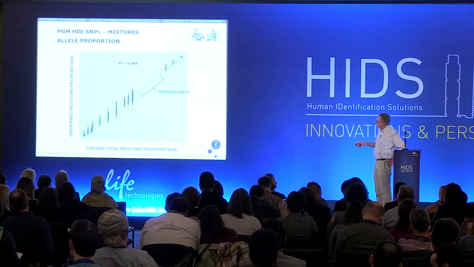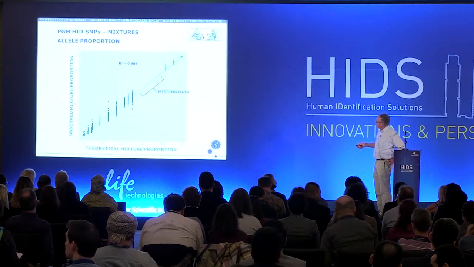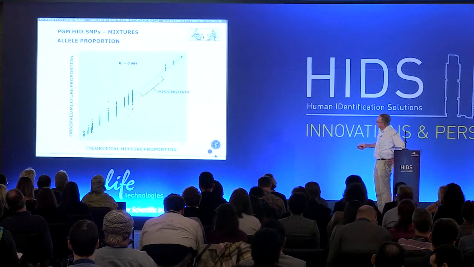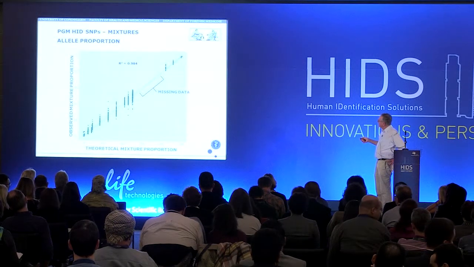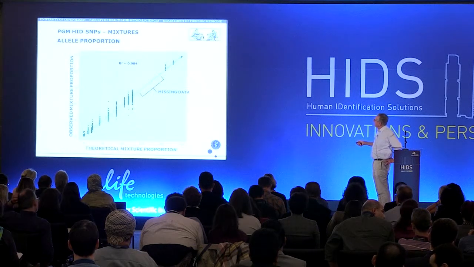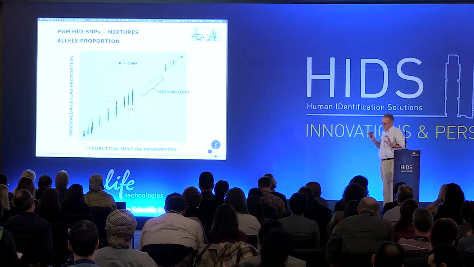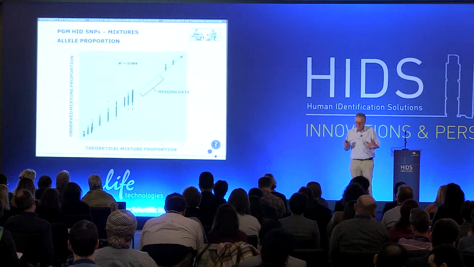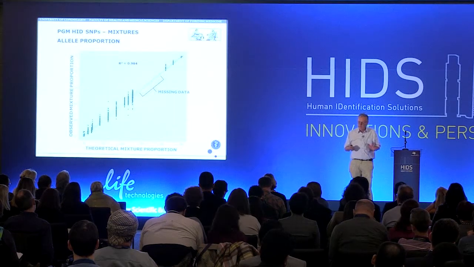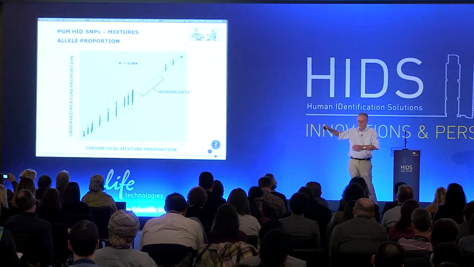So here we have the expected mixture proportion, and here we see the observed mixture proportions, and the ideal is this straight line, and it's not a straight line, but it's not bad. The correlation coefficient is 0.98, so this is promising as far as I can see, and it's not worse than the results that we see with PCR and capillary electrophoresis.